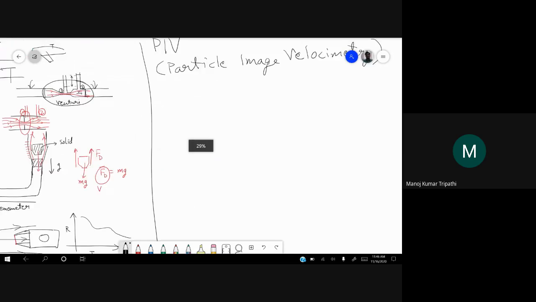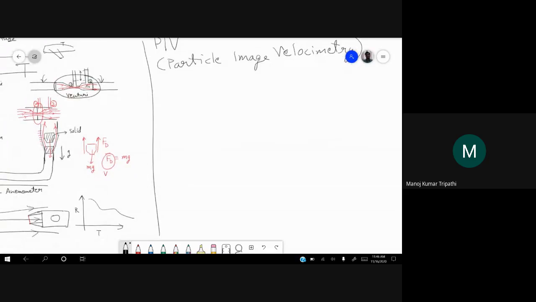So from particle image velocimetry, you will get an image something like, so let's say there is a flow inside a box. You will get the velocity vectors at each and every point with some resolution, of course.